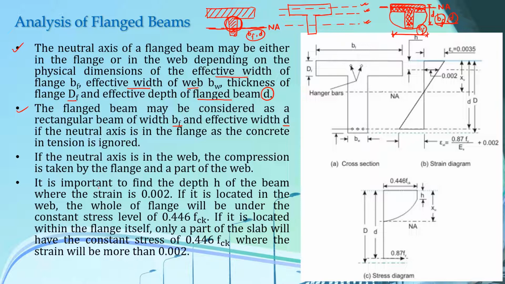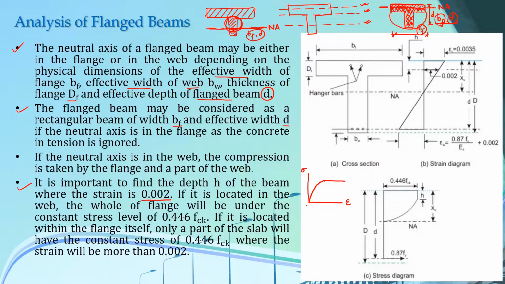So before analyzing your T-beams or L-beams, it is important to find the depth H of the beam where the strain is 0.002. If you remember our assumptions of flexural analysis, what we discussed is that if you look at the stress strain curve of your concrete, then it is both parabolic and rectangular.